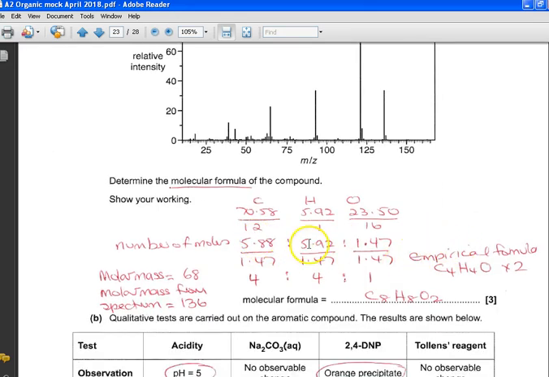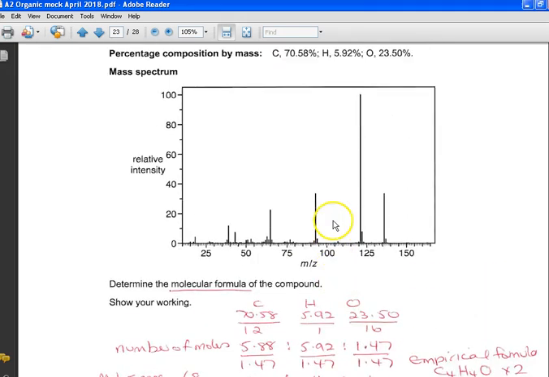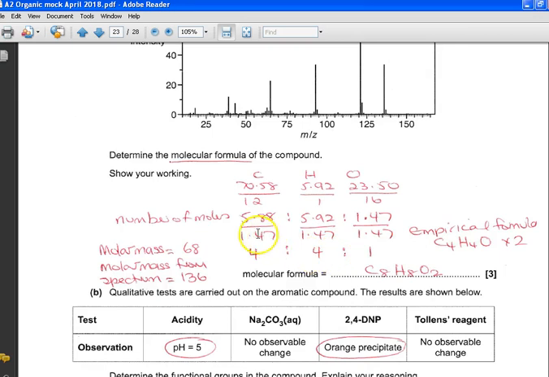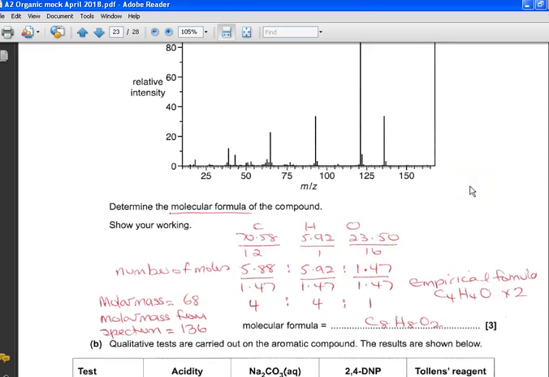So you can work out the empirical formula first by using the percentages, and then the molar mass of this empirical formula is 68. Now your molar mass of your substance is 136, which you take from your mass spectrum.